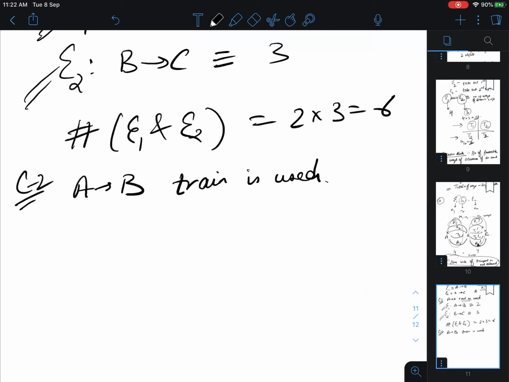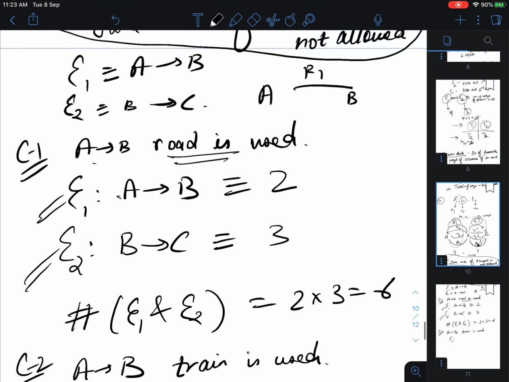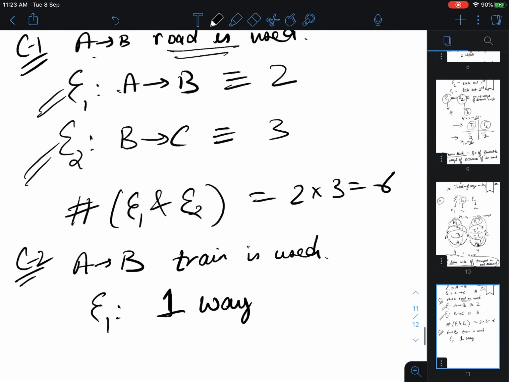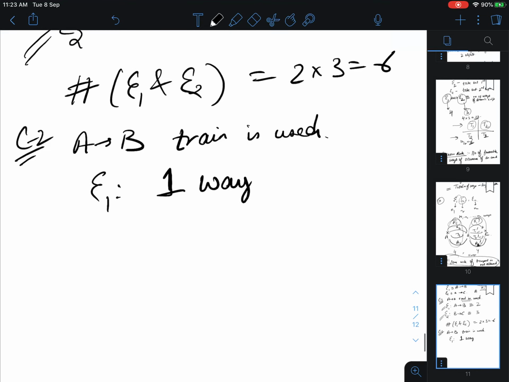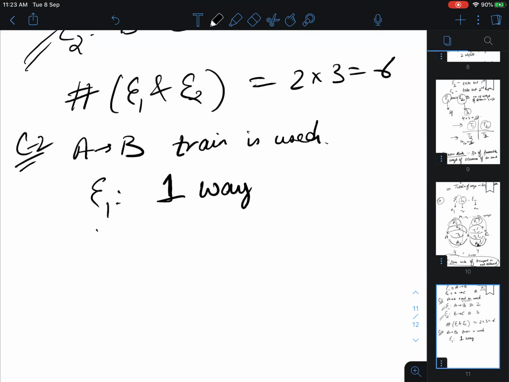Now similarly, if from going from A to B train is used, then for your event E1, how many possible ways are there? There is one way, right? Because there is just one train, T1. And for E2, which is going from B to C, you will have 2 ways.